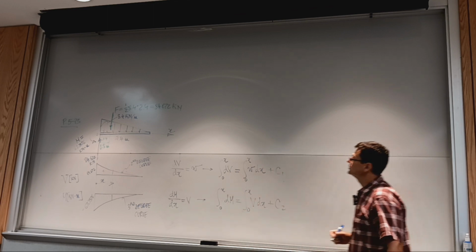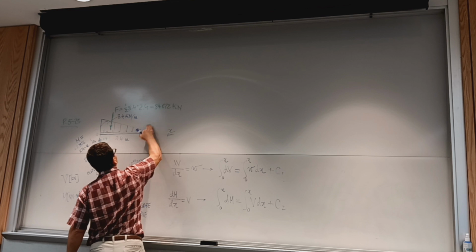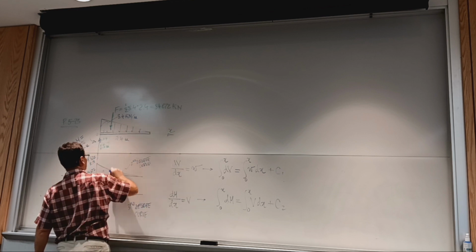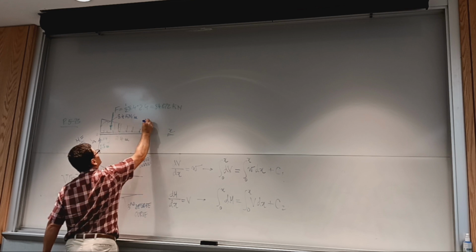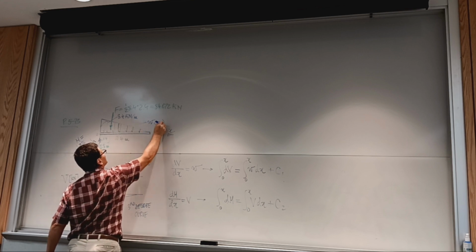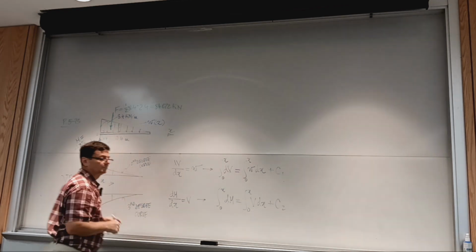Okay? So I need to write the equation of w. If I'm at x, say, here, what is w as a function of x? It's what I need to start with.